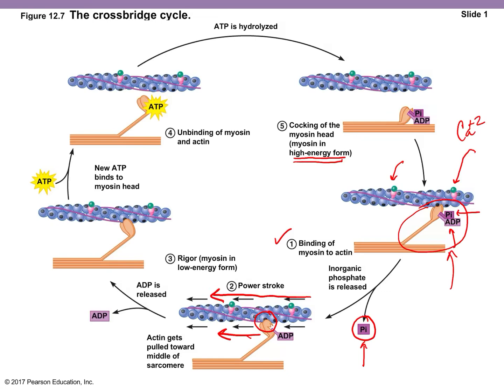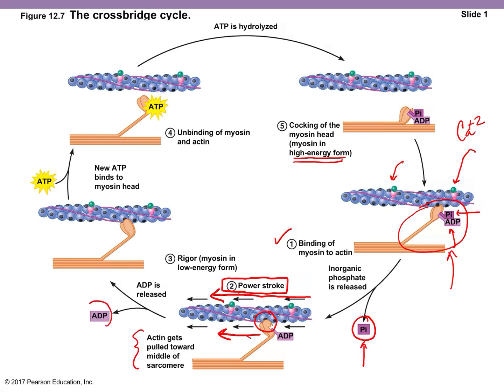This is called a power stroke. The movement of the myosin head from the cocked back position into another conformation is the power stroke. So actin gets pulled towards the middle of the sarcomere.